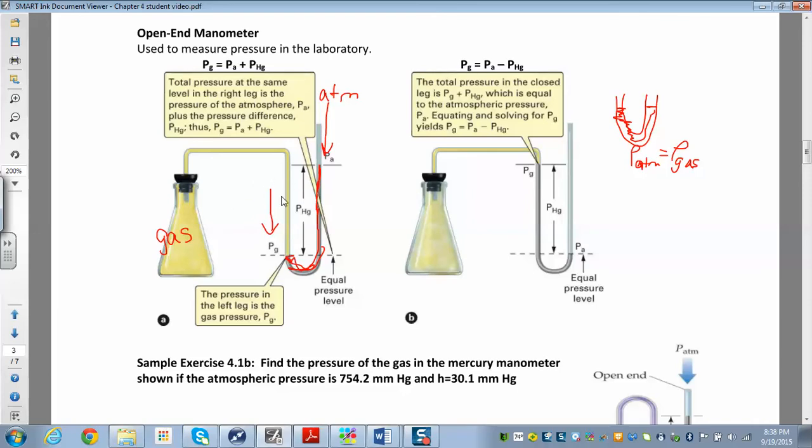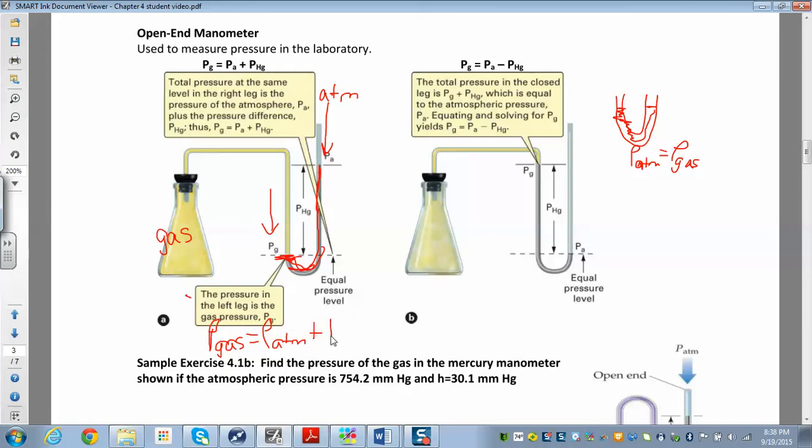On this side, the gas is pushing a lot more than the atmosphere because this column of mercury is all the way down here. So it's pushing this mercury up this way. The atmosphere is not pushing quite as much. So you can tell what the pressure of the gas is by comparing it to the atmosphere. In this picture on the left, the pressure of the gas, which is what we're trying to measure, is going to be the same as the pressure of the atmosphere plus whatever the difference is.